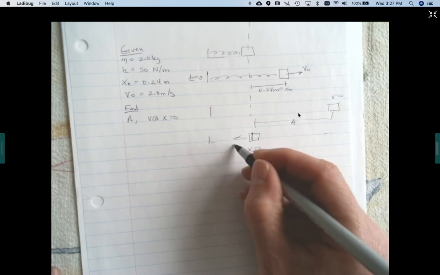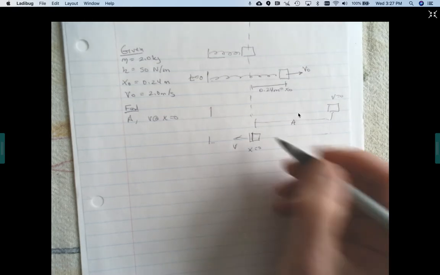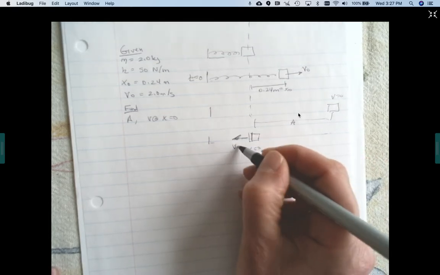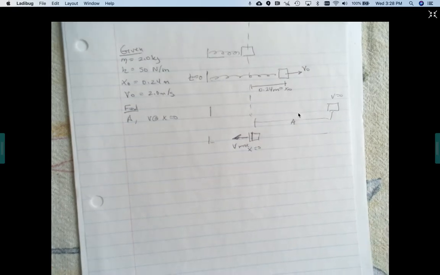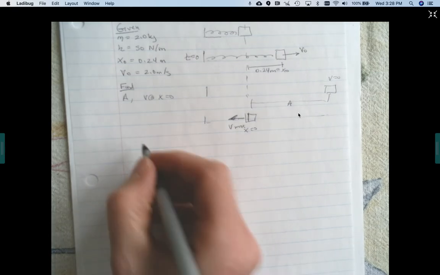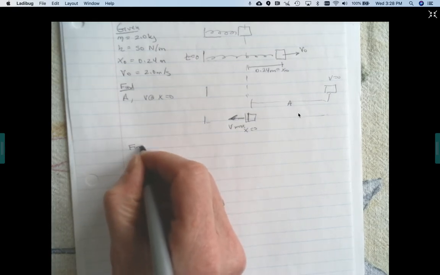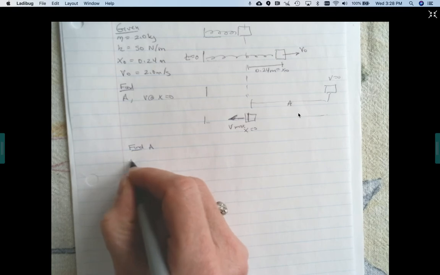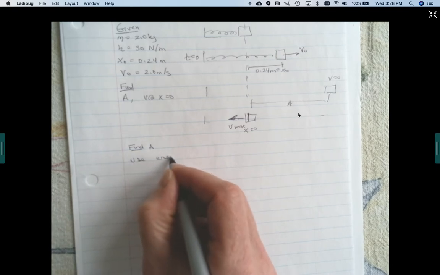X equals 0, and we have some velocity going this way, which would be its max velocity. So we want to find A. That was the first thing, find A. And I'm going to use energy analysis.